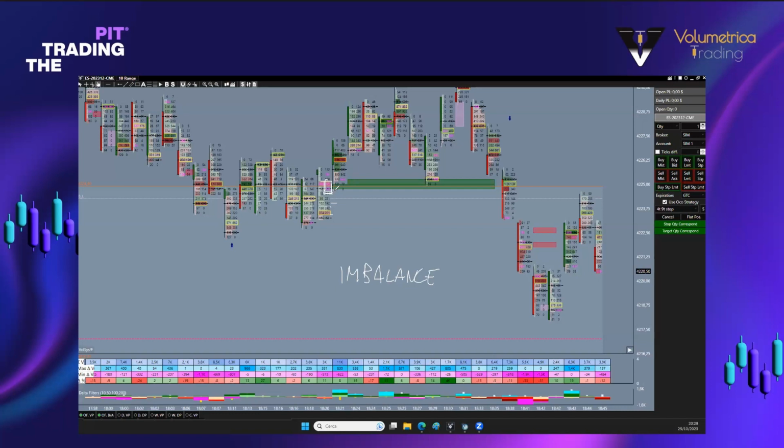This representation is specifically to highlight imbalances over 300%. That means the indicator shows me I have an imbalance, according to which side it happens.